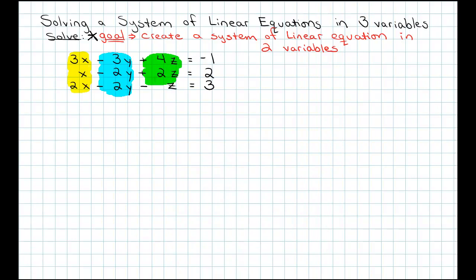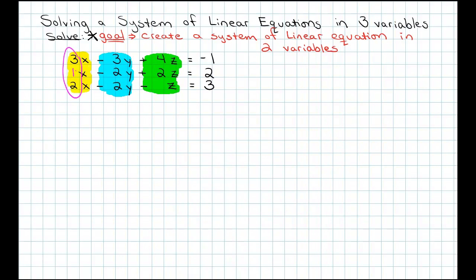I'm looking at the coefficients of these variables to determine which one has the easiest least common multiple to come up with. I'm also looking at the signs to make that easier on me because I do want to eliminate.